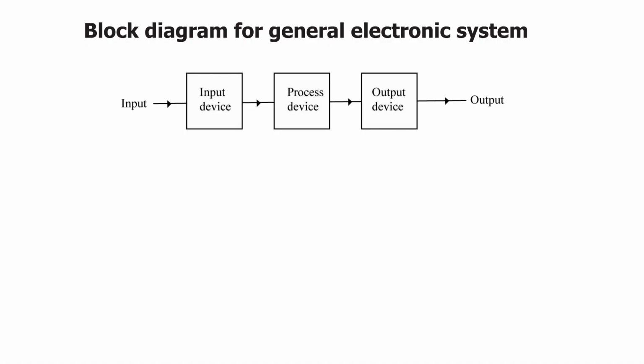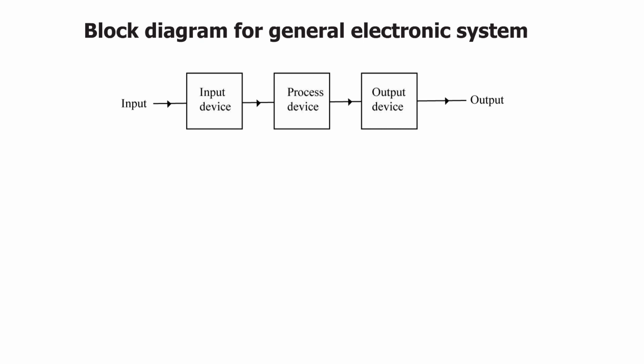To give you the full story behind this, which I think is important, I produced this very short clip to help you understand what's going on here. So there we have a block diagram for the general electronic system. We've got an input that's sensed by an input device, which will send a signal to the process device, and that in turn will send a signal to the output device, and there we will have our output.